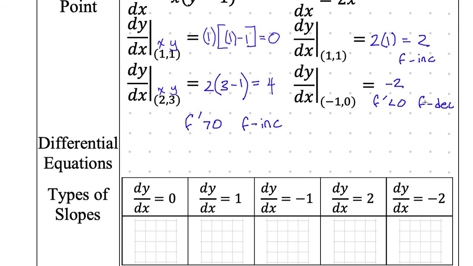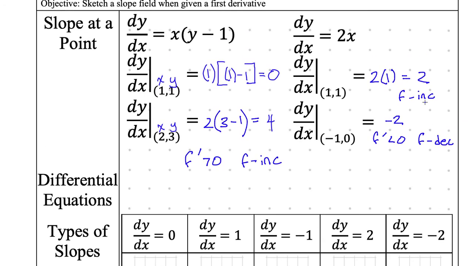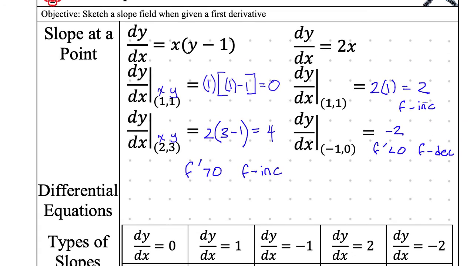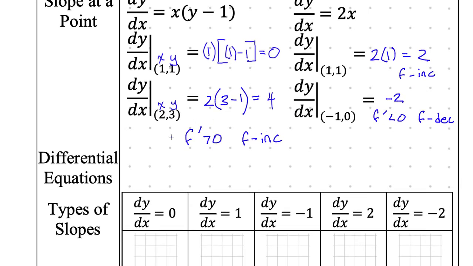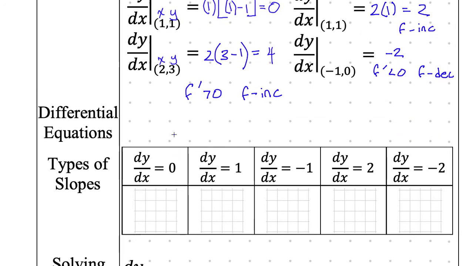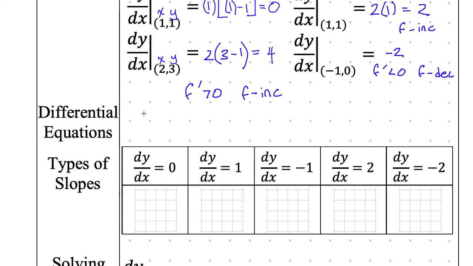Cool, so differential equations. The whole idea is we're now dealing with an equation, which means we have an equal sign, and they can be weird letters now. Usually they're going to be y and x, but sometimes they'll be something else. So like you could have, I don't know, dw dt, the derivative of lowercase w with respect to lowercase t, or you could have dy dx, of course.